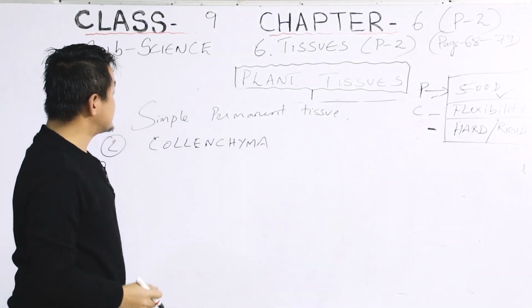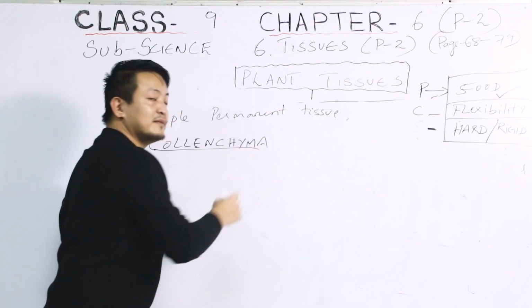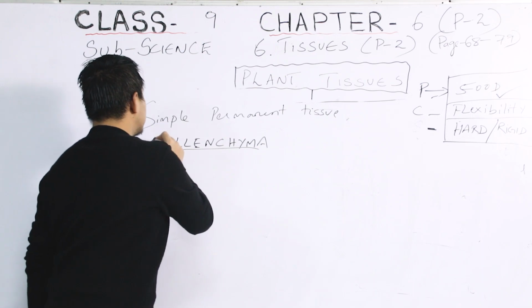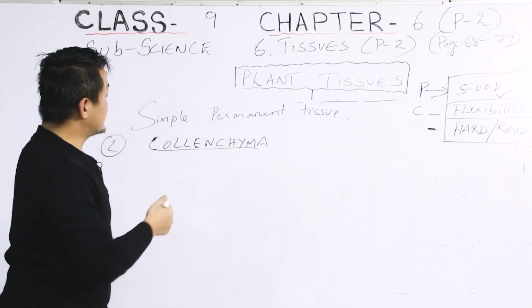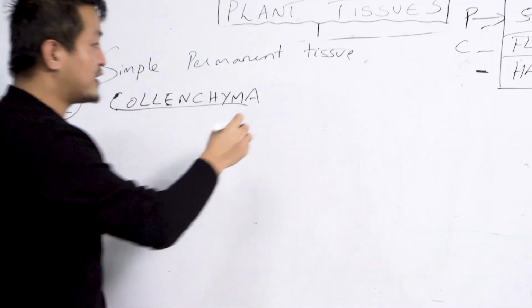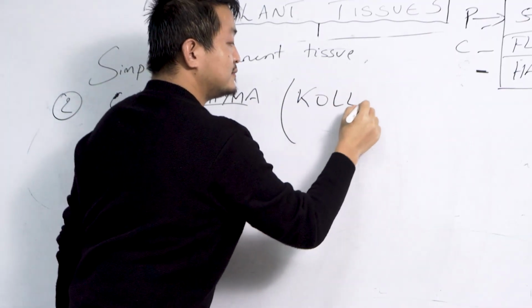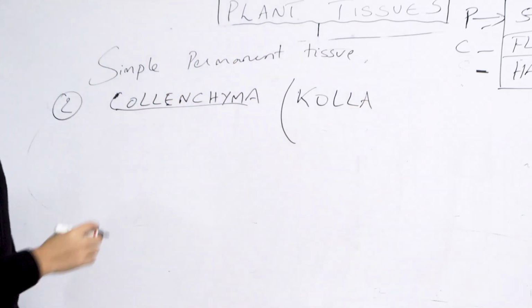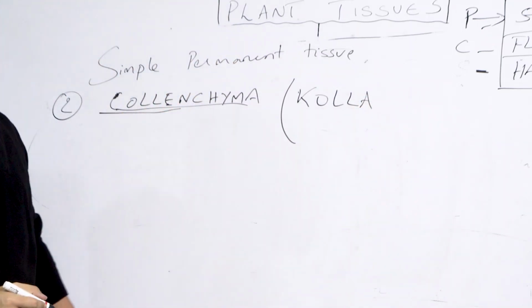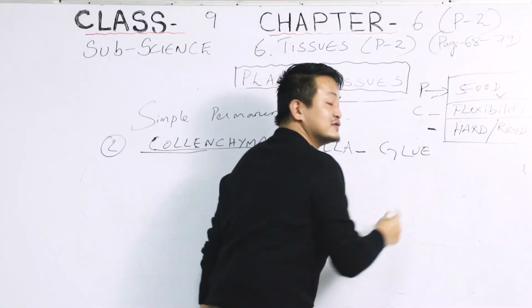So my dear students, this is the second type of simple permanent tissue, that is collenchyma. And from where is this word taken? The first part of this word, cola, means glue, a sticky thing.